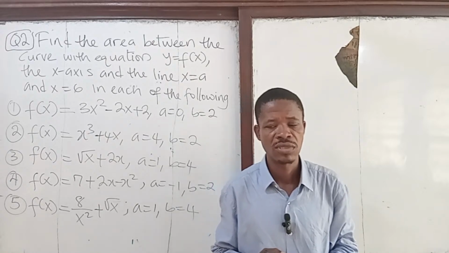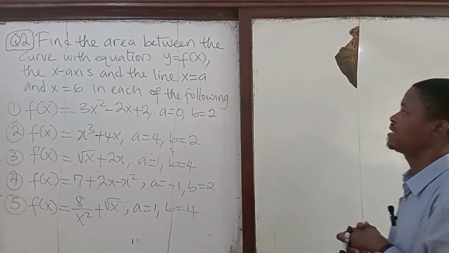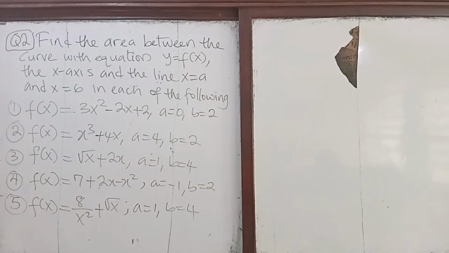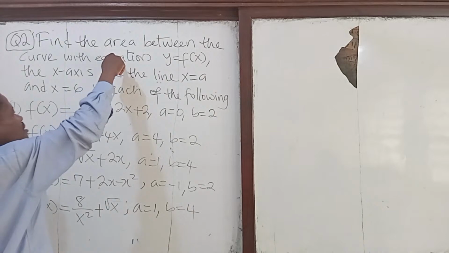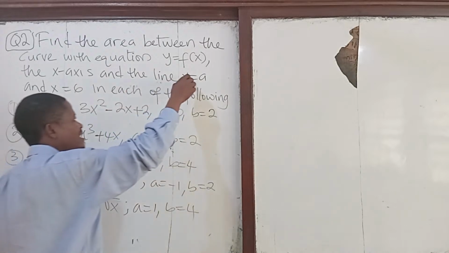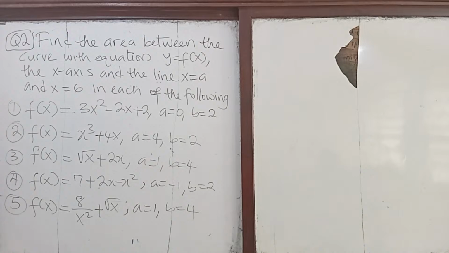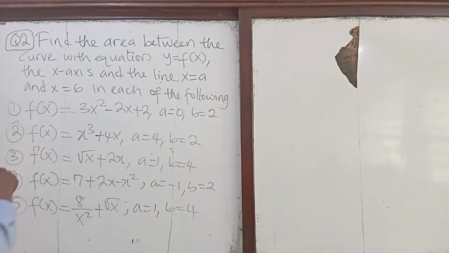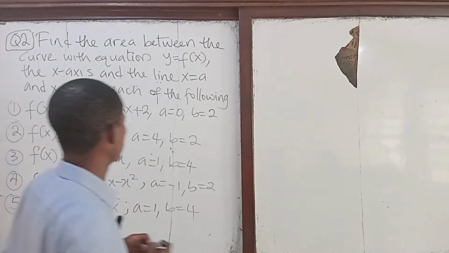Okay, look at what we have here. Find the area between the curve with equation y equal to f of x, the x-axis, and the line x equal to a and x equal to b in each of the following.